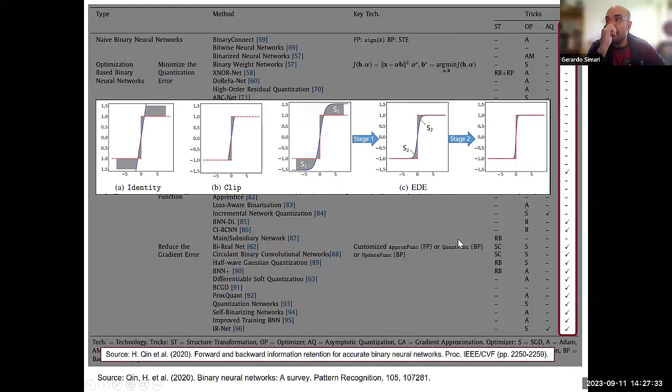And lastly, we have gradient approximation, where, similar to what was going on with adaptive quantization, instead of just using the identity function and clipping like we saw in the early models, you have your original curve like this. It's much smoother, and instead of applying the sign function, you transform it and try to get within the bounds.